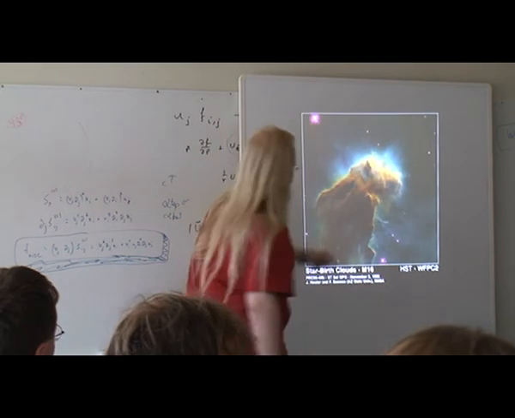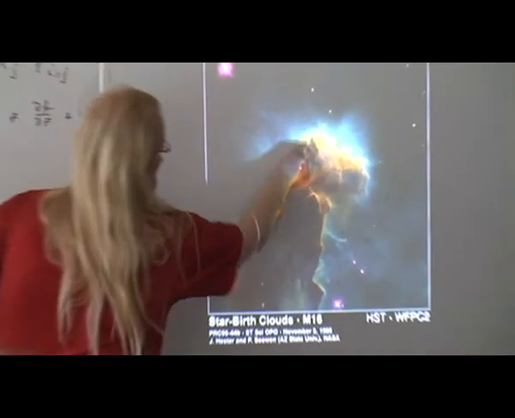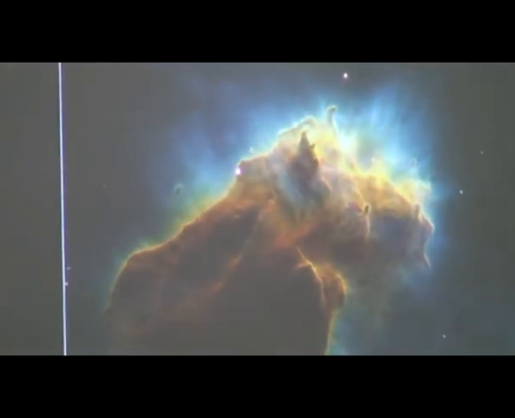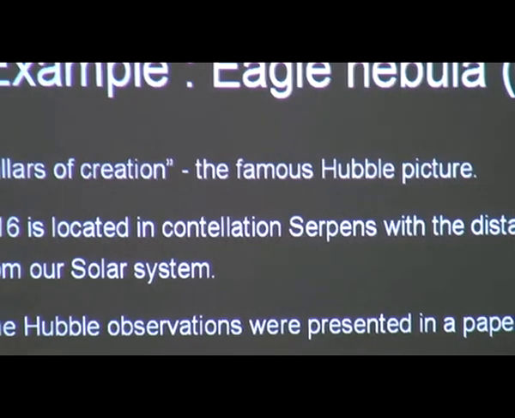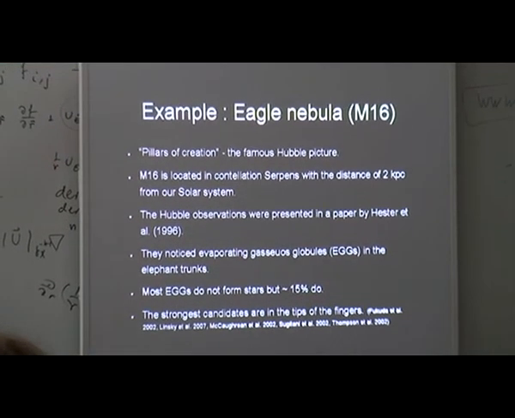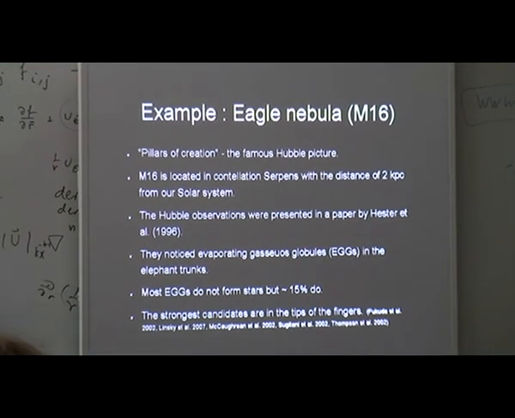I think they are like these here, those small globules, and they thought that maybe they were beds of star formation, but as far as I know, most of them aren't. Maybe about 15% do contain star formation. Of course there might be more, but it's not possible to recognize. Like I mentioned before, the star formation happens mostly at the tips of the fingers.